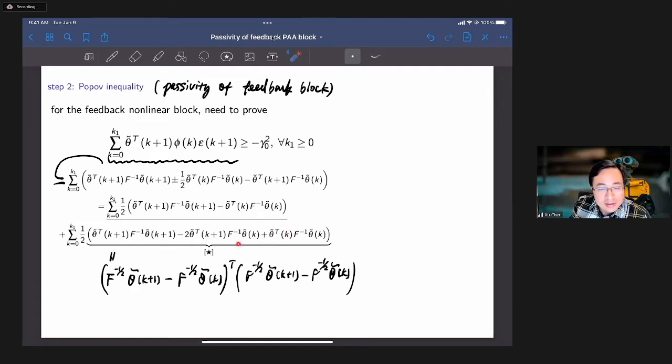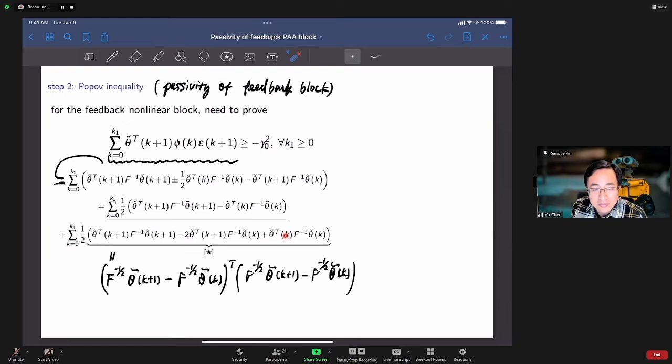Our observation was that this has a quadratic term about theta tilde k plus 1, a cross product term between theta tilde k plus 1 and theta tilde k, and then finally a new quadratic term about theta tilde k.